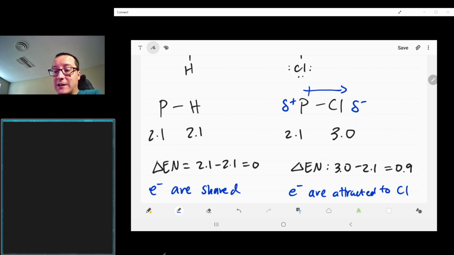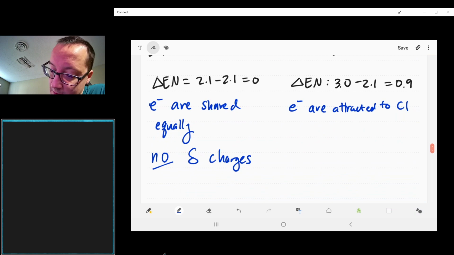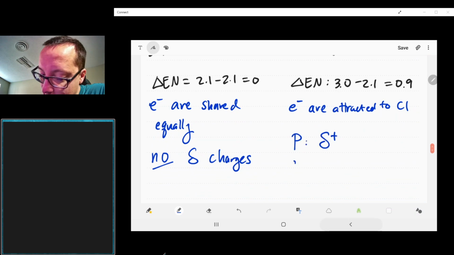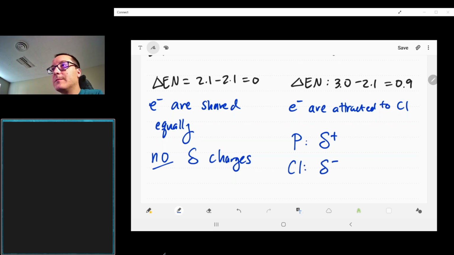So the more electronegative one is going to get the partial negative because it's going to be attracting the electrons. So more electrons, more negative. And the phosphorus will be less electronegative. It's going to be the one being stolen from. So it's going to become a little bit positive. And so we'll see that phosphorus is a little bit positive. Chlorine is a little bit negative as a result of this.